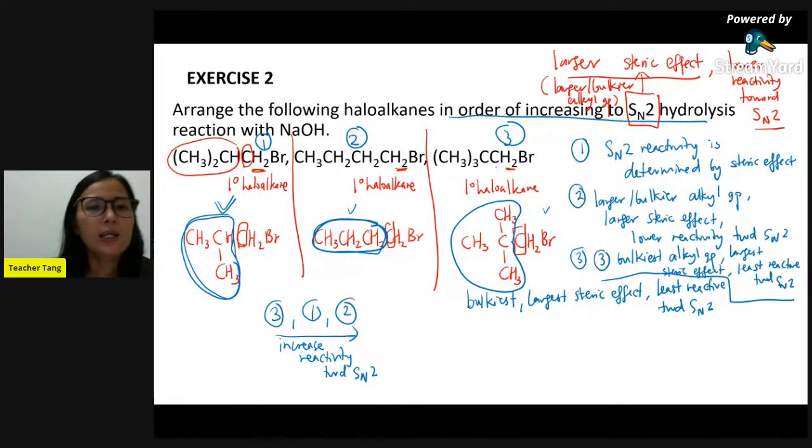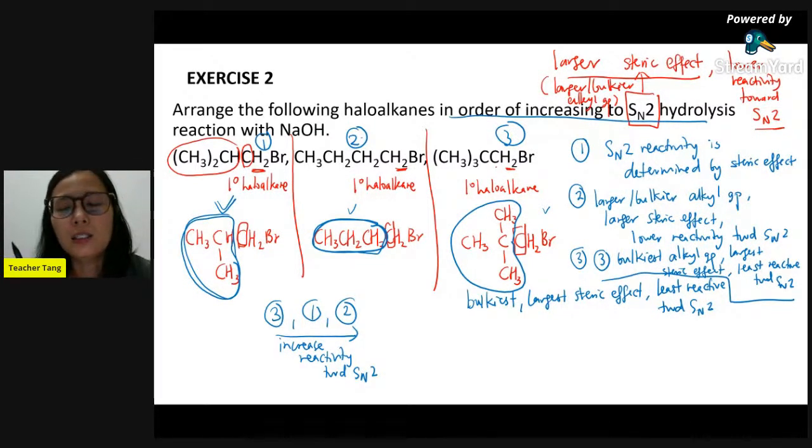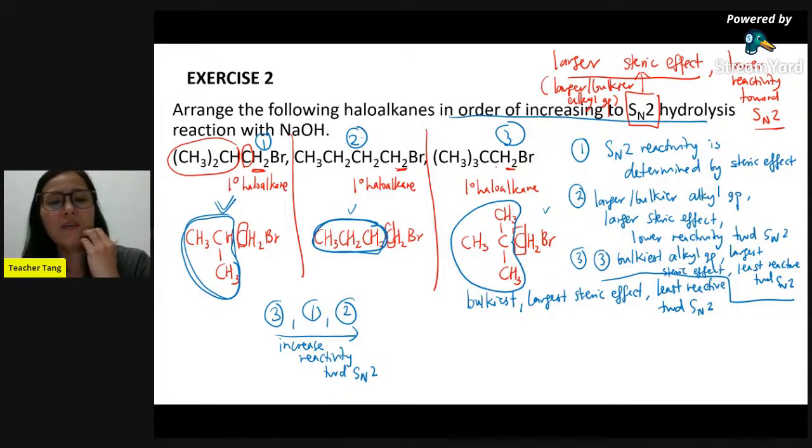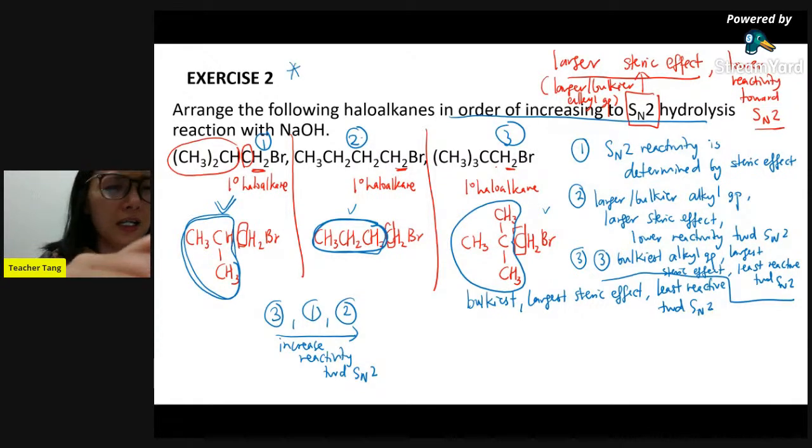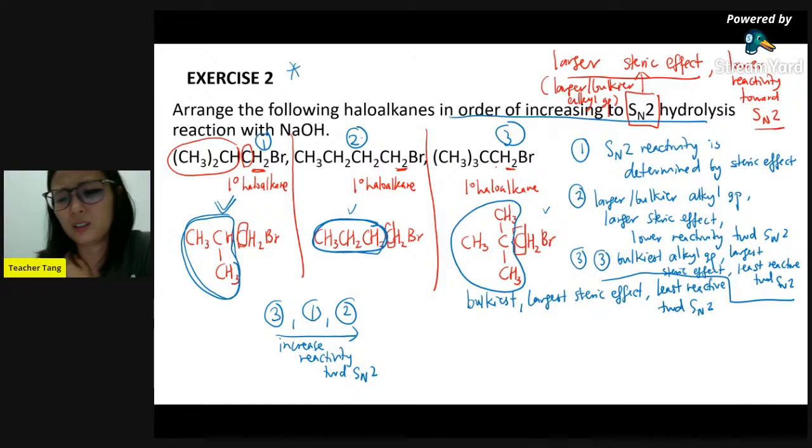And then you can say number 2, the smallest alkyl group, so lower steric effect, so the most reactive towards SN2. Okay, so this is also a popular kind of question, so do take notes of this.